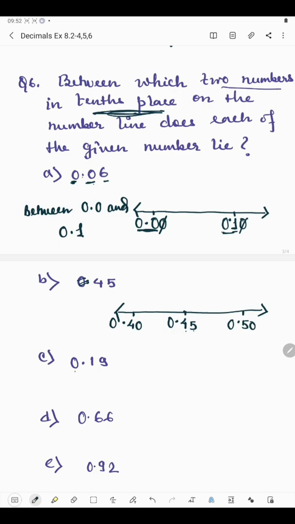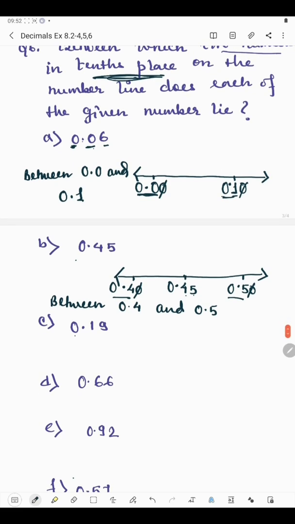Since we will have to write the number at 10th place, we don't have to take this, so it's 0.4 and 0.5. So this 0.45 lies between 0.4 and 0.5.